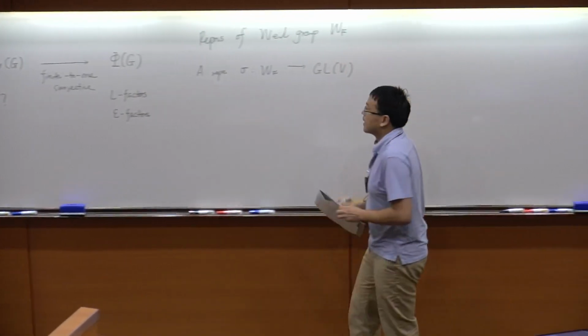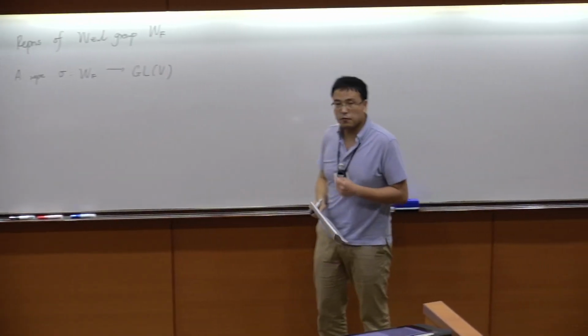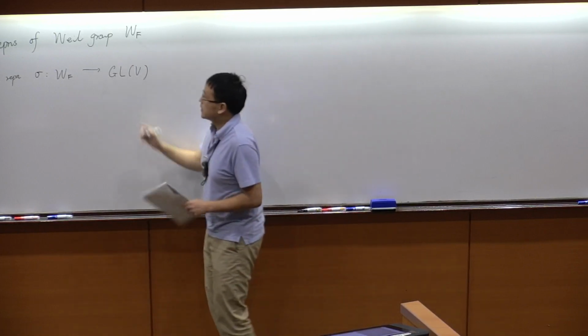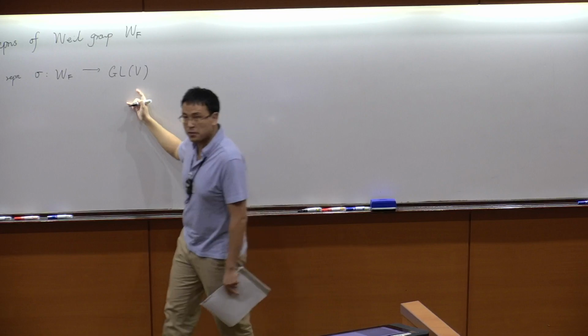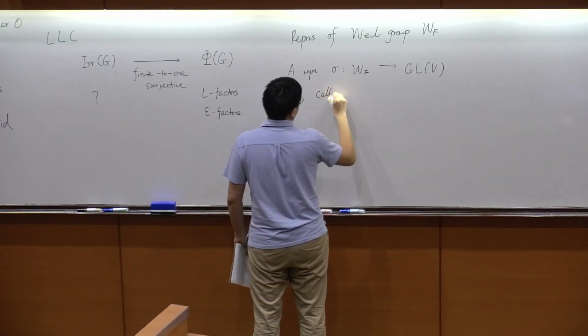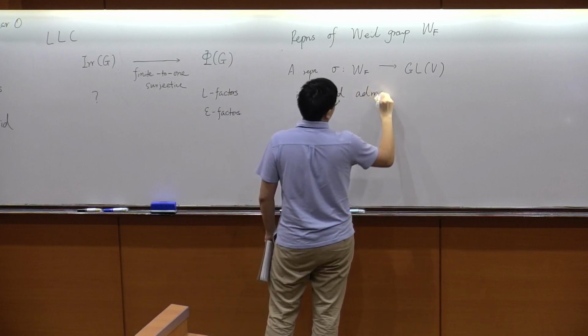So let's forget the SL2 part at this moment, and just focus on the Weil group first. So I have a representation to the complex finite dimensional representations, which is called admissible.